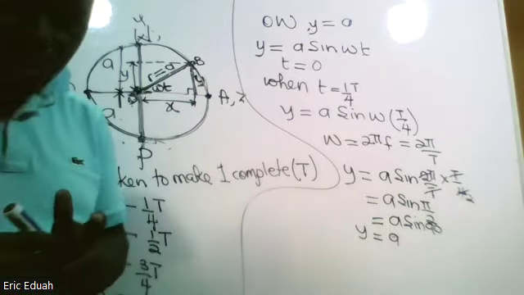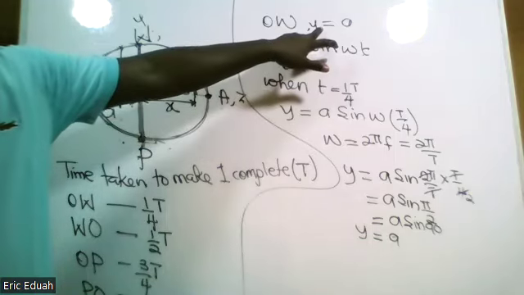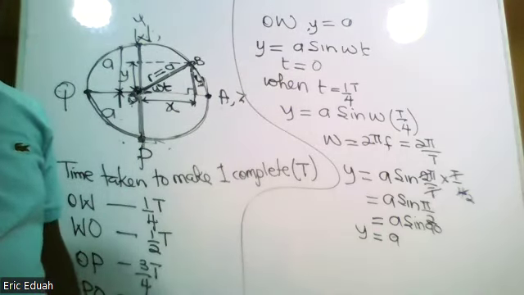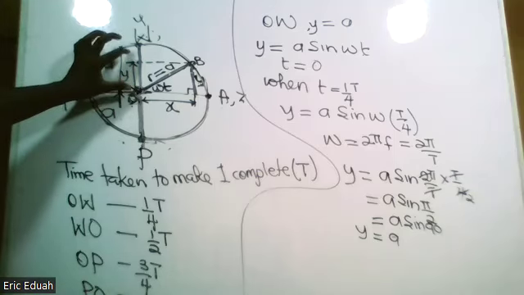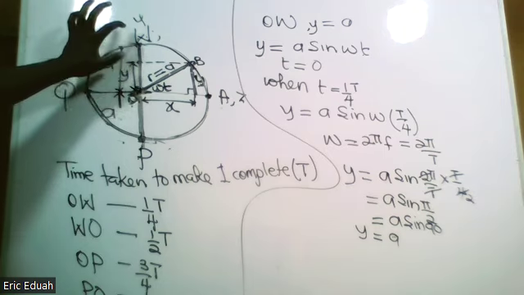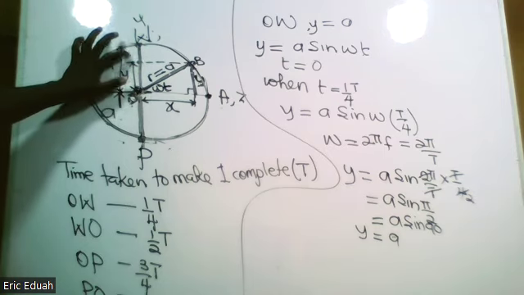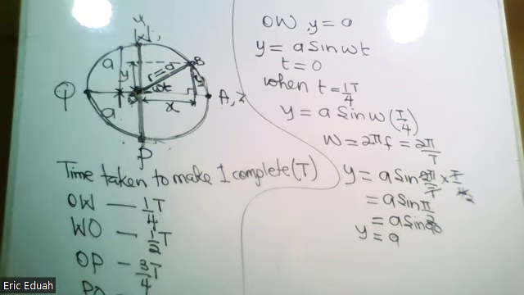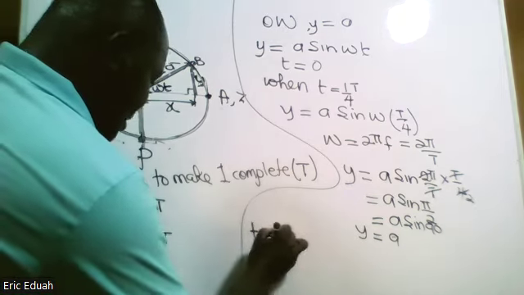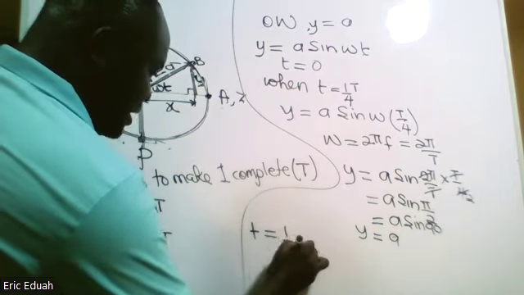Just to prove what you preempted earlier. So when T is equal to a quarter of the period, the displacement is equal to the amplitude. Now, what happens when T is equal to half of the period?